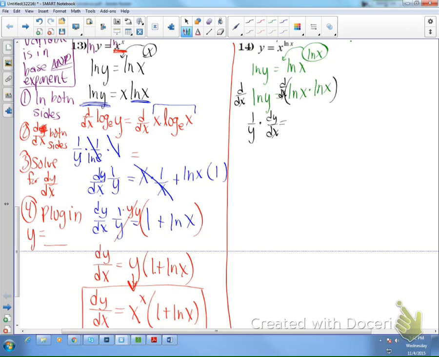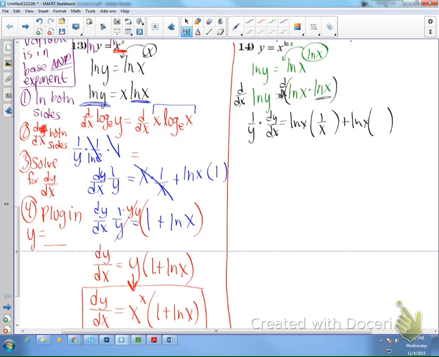Okay? Now, the derivative of natural log x times natural log x. First times the derivative of the last plus last times the derivative of the first. First times derivative of last: what's the derivative of natural log x? 1 over x. Technically dx/dx, but that's redundant. Plus last, natural log x, times the derivative of the first.